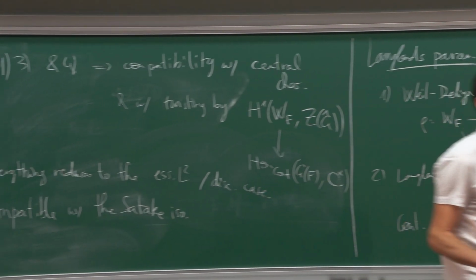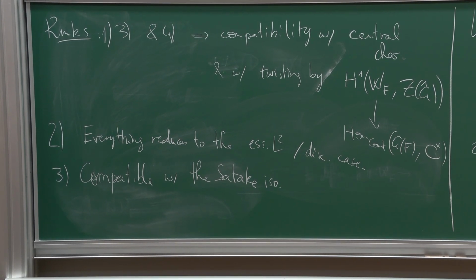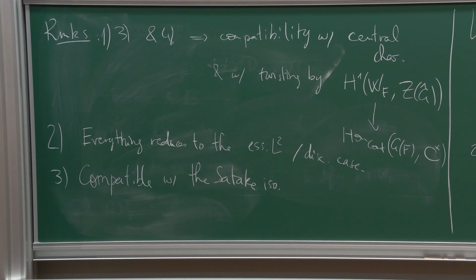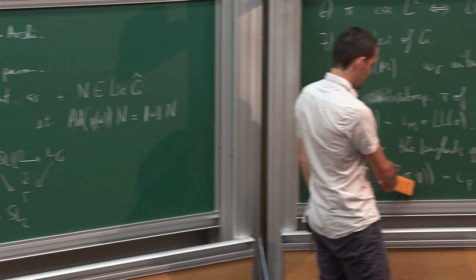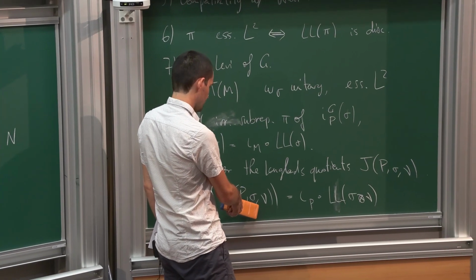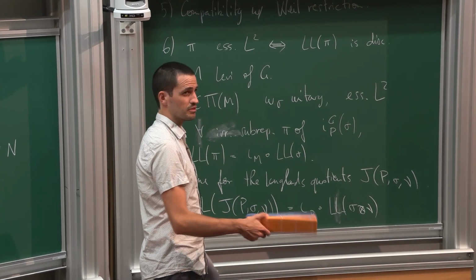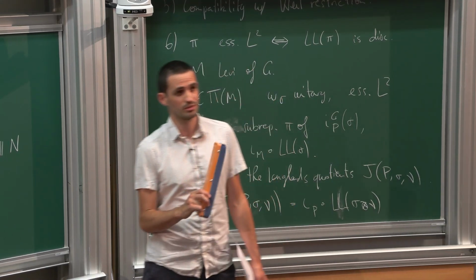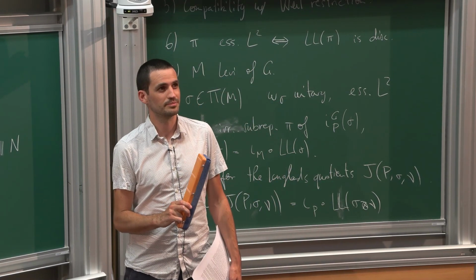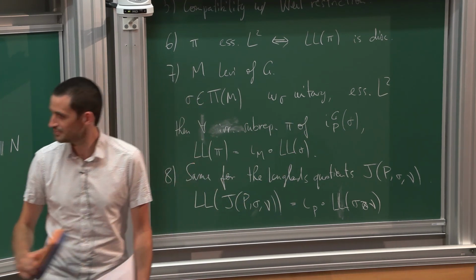You have to show that when you take a sigma that's unramified for an unramified character of a torus, the Langlands quotient is the constituent which has invariance under a hyperspecial compact subgroup, and not something else in the kernel.